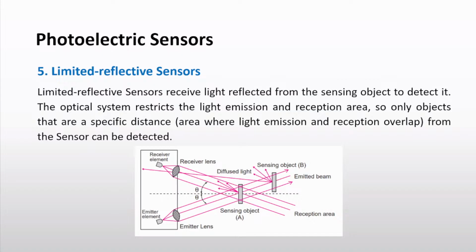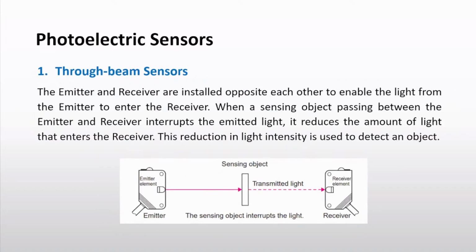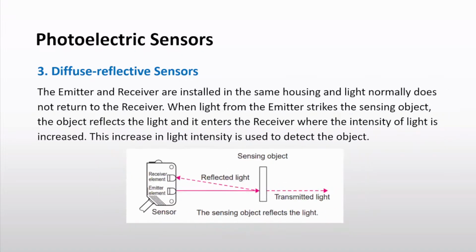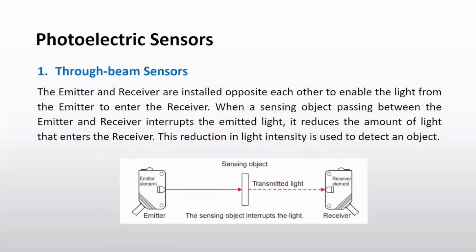So let's see, in a through beam sensor, in a retroreflective sensor, or in a diffuse reflective sensor, what happens? Whether the object is placed here or here or here, that means in any place between the emitter and the receiver, it only detects the presence of that object.